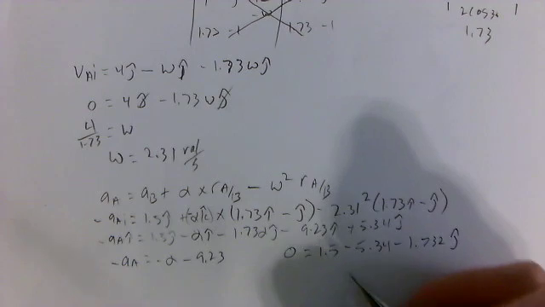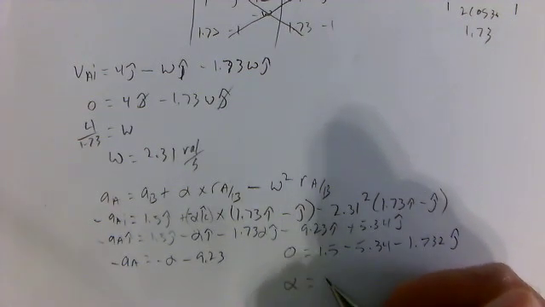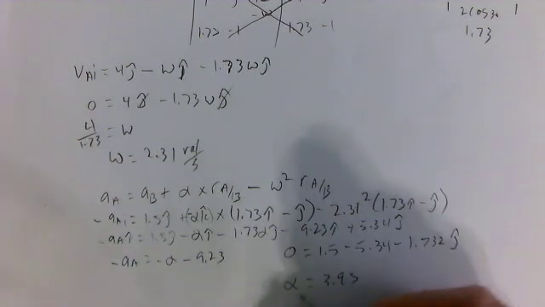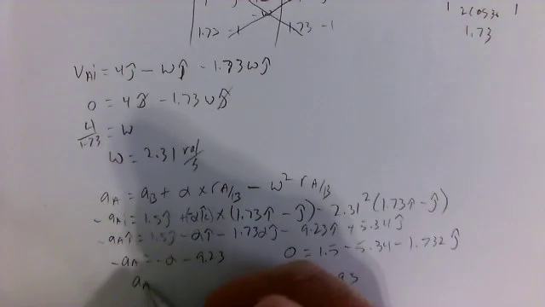From this we can solve that alpha equals 3.95, which we need to know. We can solve for AA here, but it doesn't really ask for it.